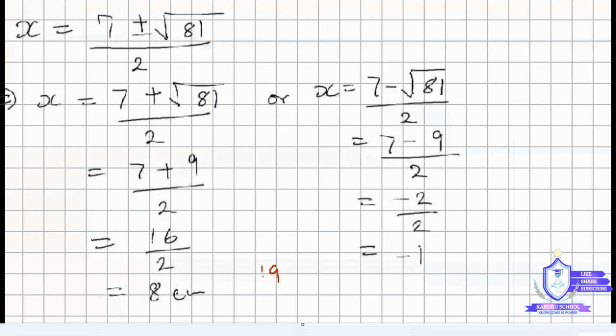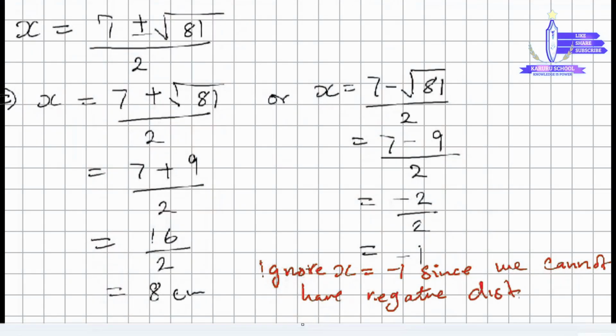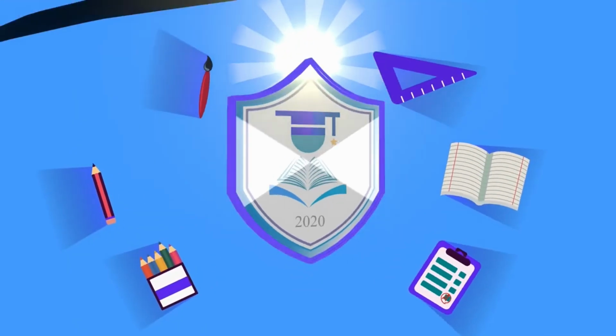So we will ignore x equals negative 1 since we cannot have negative distance. So this means that the value of x equals 8 centimeters.